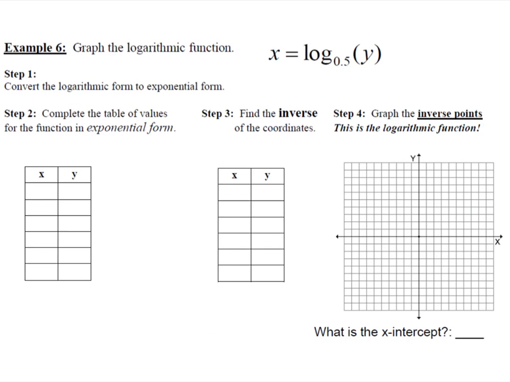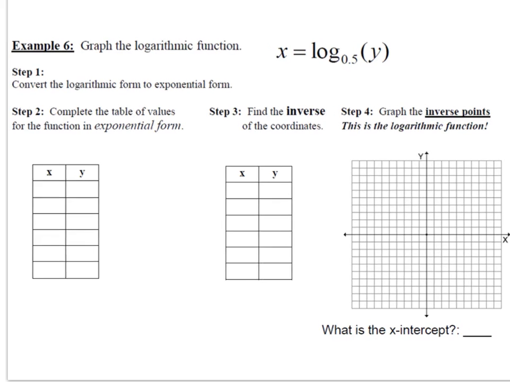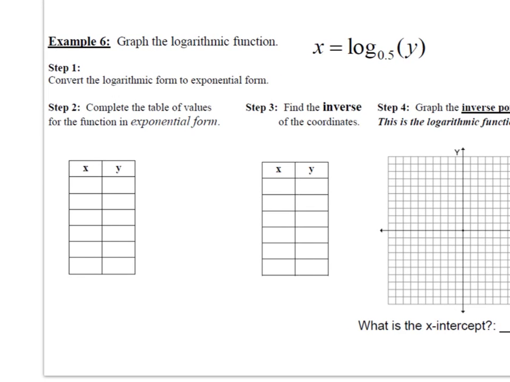So I want to, step 1, write it in exponential form. So in exponential form, this would be y equals 0.5 to the x. Now step 2 says complete a table of values for the exponential form.